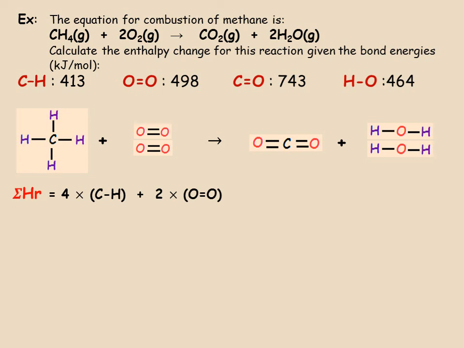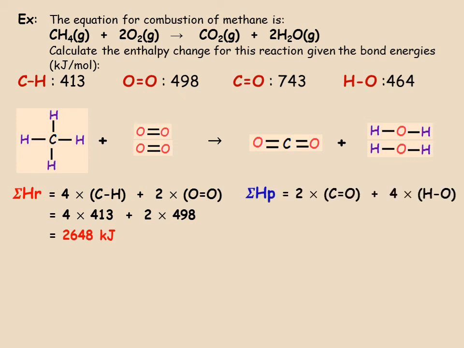So, when you substitute these values in the total energy of reactants, in which the bonds are broken, right, you have 4 carbon-hydrogen bonds and 2 oxygen double bonds. Substitute their respective bond enthalpies and you will get 2648 kilojoules. In the products, for the new bonds to form, you have 2 carbon-oxygen bonds and 4 hydrogen-oxygen bonds.